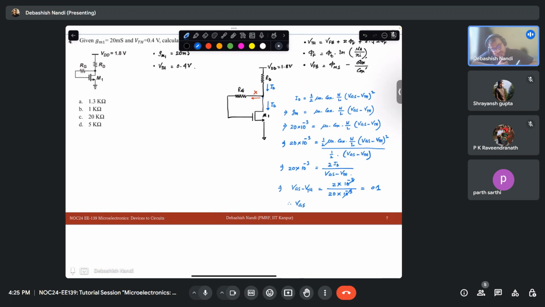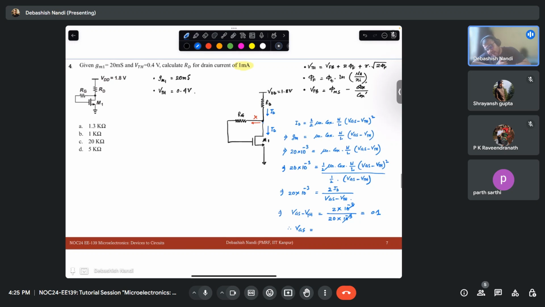So VGS is what? VTH is given as 0.4 volt, so VGS is 0.5 volt. Is that clear? So what is your VS? VS is 0 volt.